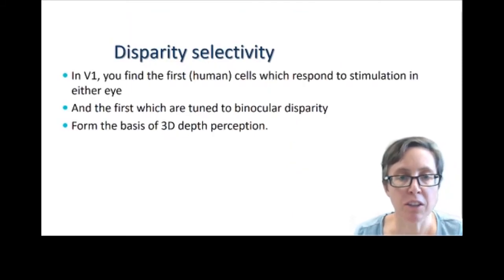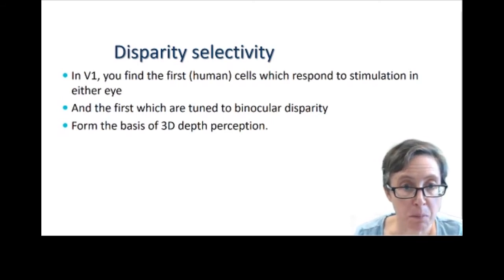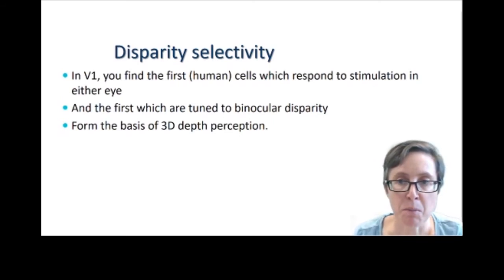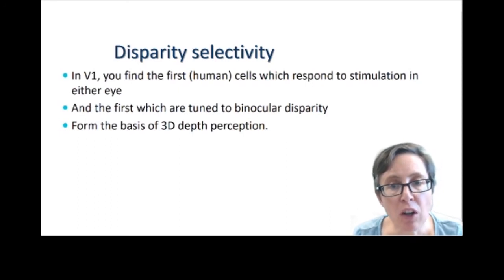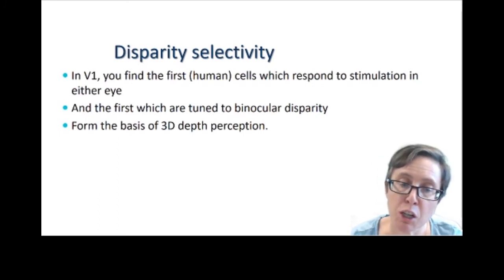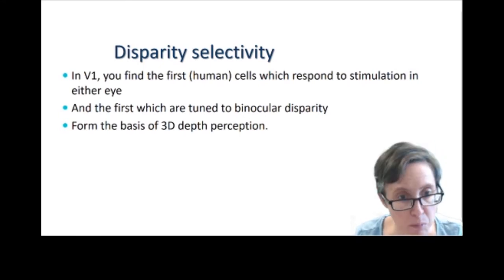And the real thing to take home from this is that V1 is the first place in human beings and other primates where you find these binocular cells which are receiving input from both eyes and can respond to stimulation in either eye. And it's the first place in the visual system where you find cells that are tuned to binocular disparity.